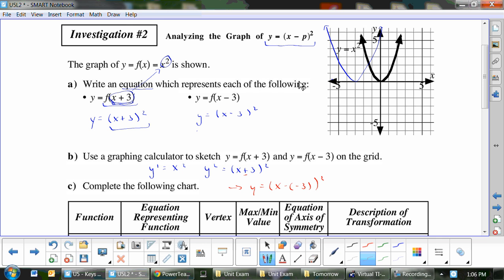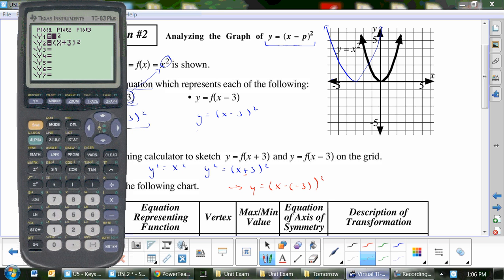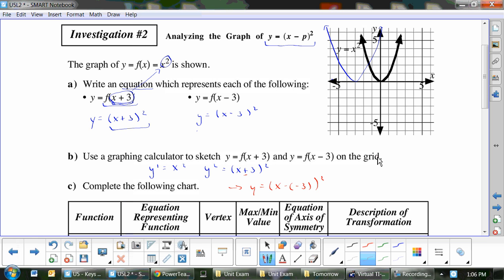Because you'll notice that here a plus 3 moves the graph to the left. And intuitively, we tend to think that plus or positive means moving it to the right. Right? But if you write it like this, you can see, oh, we have a negative 3 there. It moves to the left. Because this is like that little mistake that you'll miss on a test. So you always want to write it so that it's x minus something, even if it's minus a minus.